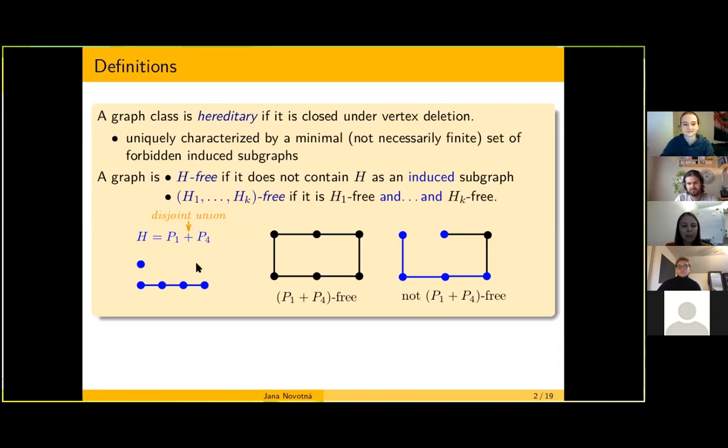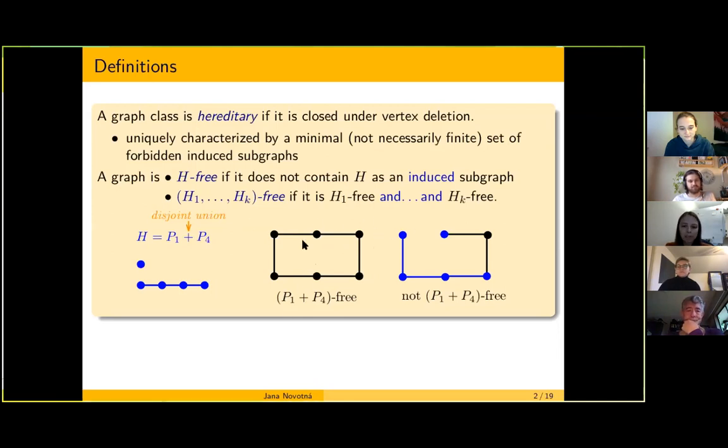Here you can see one graph which is disconnected. It's a disjoint union of paths on 1 and 4 vertices. This is another notation I will be using in my slides. Let's look at the middle example. This is P1 plus P4 free, because if you take any path on 4 vertices, there is no remaining vertex which is non-adjacent to it.